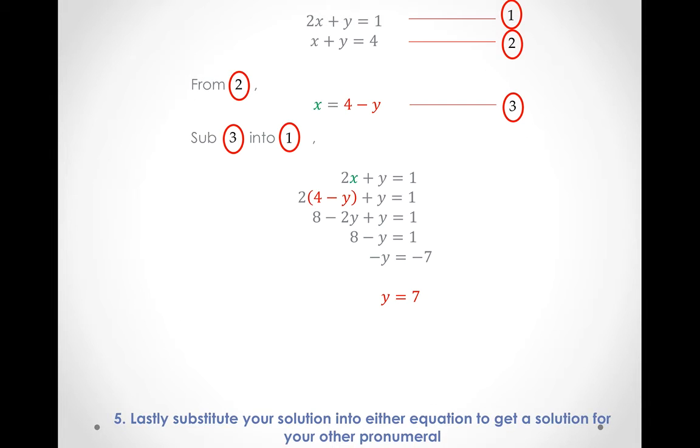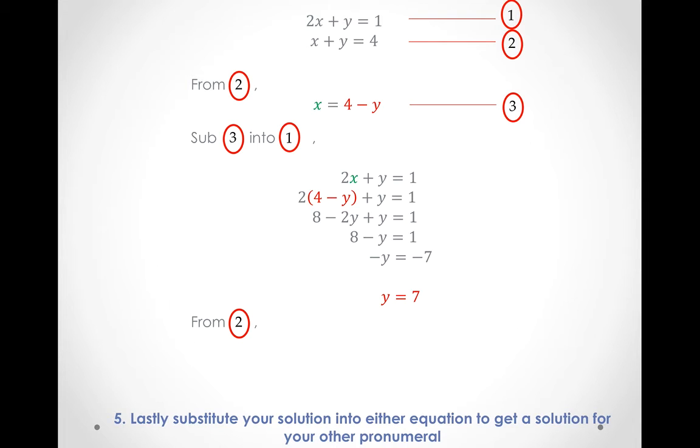So step 5, very last step that we need to do. What we just did before is that we actually found the value of y, and y equals 7. So what we need to do now is substitute this solution back into either equation 1 or equation 2 or equation 3. If we do so, we're going to find the value for the other pronumeral.